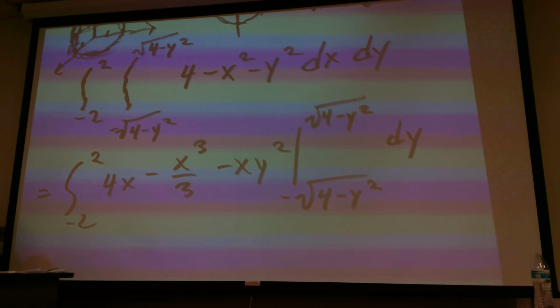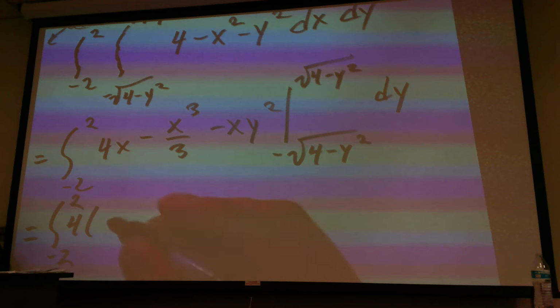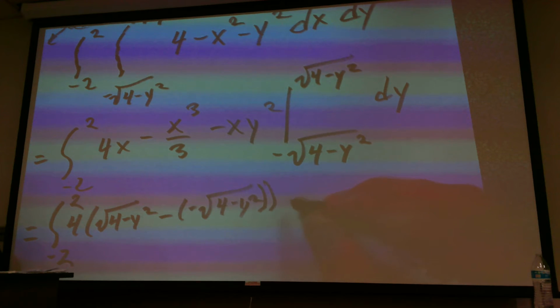Okay. And so that would become the integral from -2 to 2 of 4 times root 4 minus y squared, minus now negative 4 root 4 minus y squared.